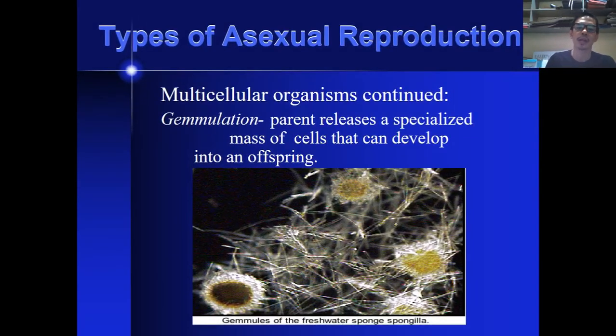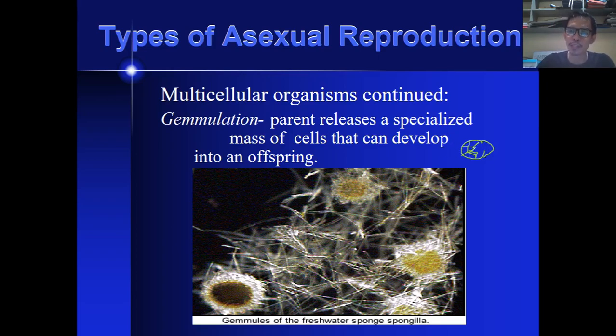Alright, next one. Another kind of asexual reproduction in some multicellular organisms is called gemmulation. The one that performs gemmulation is the sponge. The parent releases a mass of cells which is similar to its composition. So all the DNA structure, the texture, the color is similar to its parent.